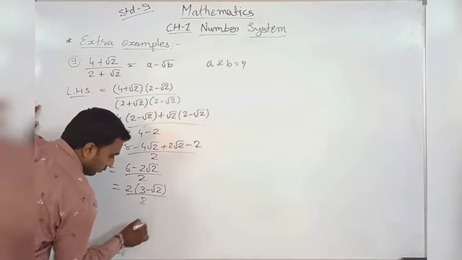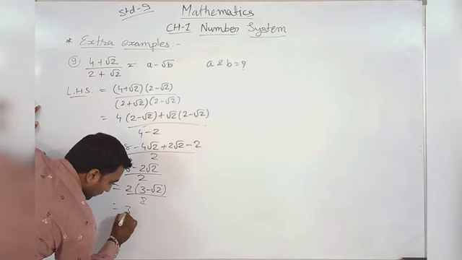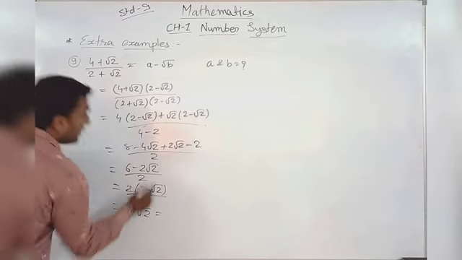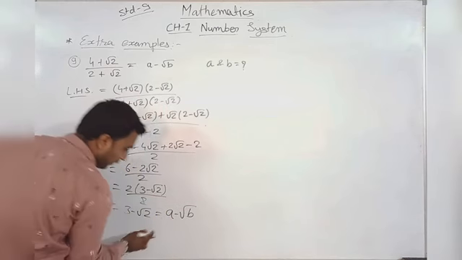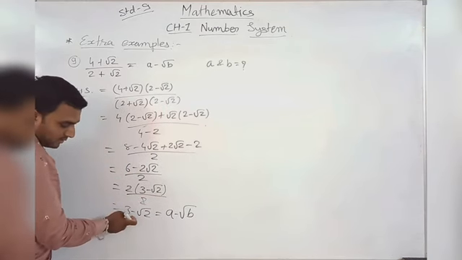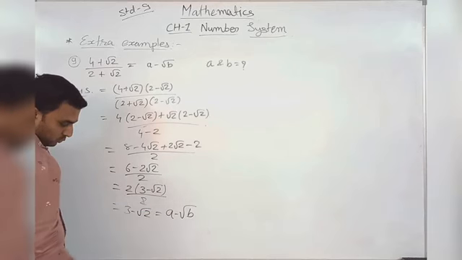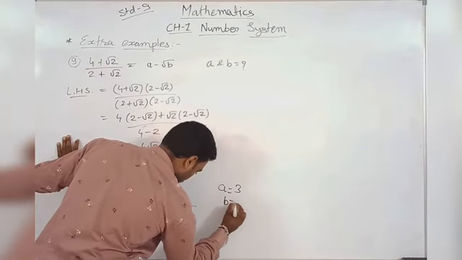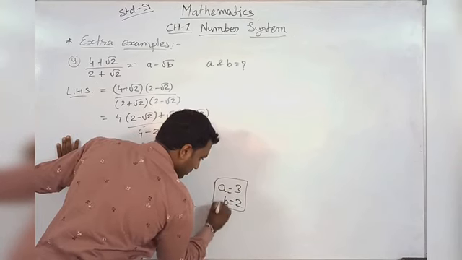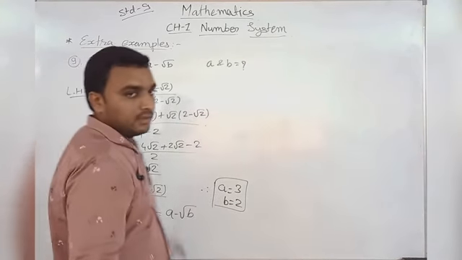Now 3 minus root 2 is equal to the RHS. What is the RHS? A minus root b. We know a is equal to 3 and root b is equal to 2. So we write a is equal to 3 and b is equal to 2. This is your answer. Clear?